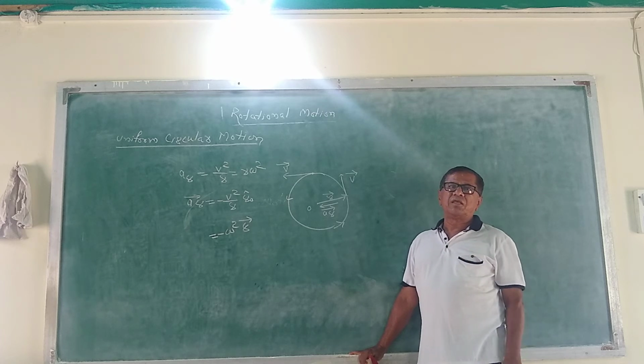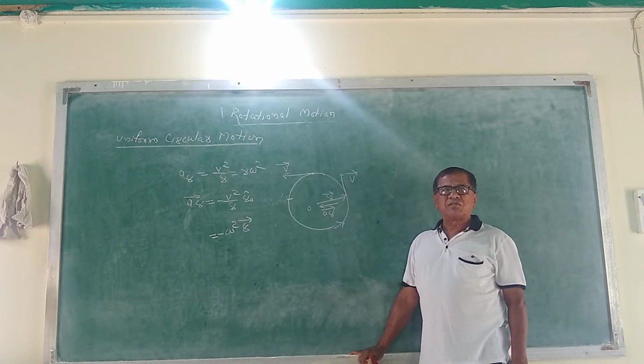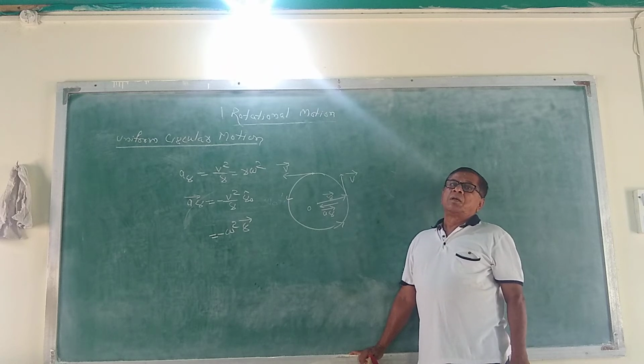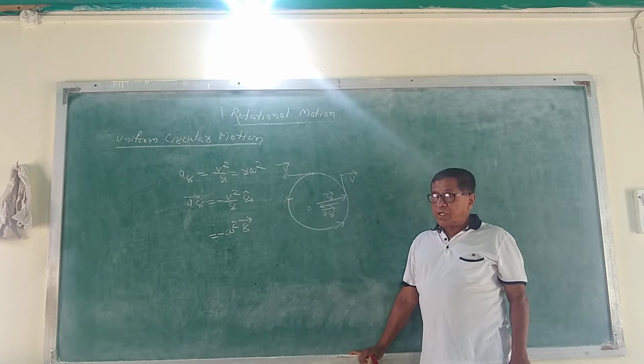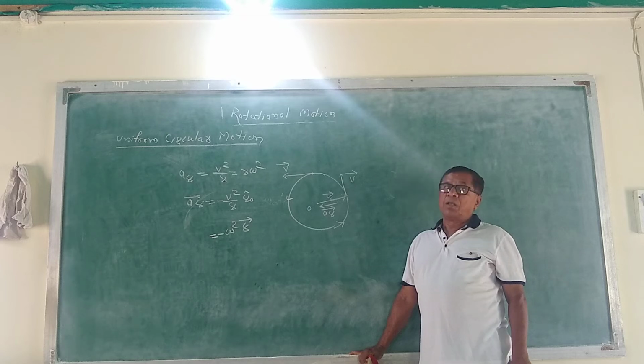The acceleration is due to two reasons. One, due to the change in the magnitude of the velocity. Second, due to the change in the direction of the velocity. In circular motion, the direction of the velocity changes from point to point but its magnitude is constant, therefore it has acceleration.